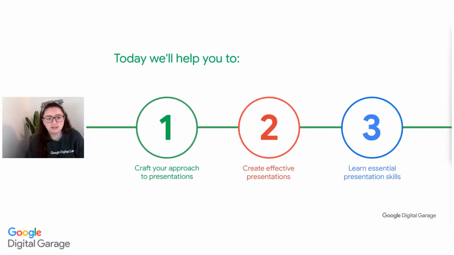How are we going to split up today's session? We're going to go through this in 3 really clear sections. The first section, thinking about our approach. How do we start to create the basis, the structure of our presentation before we actually get to part 2, which is all about the skills needed to create an effective presentation, especially in that traditional sense when we're going to use the slides as you can see today.